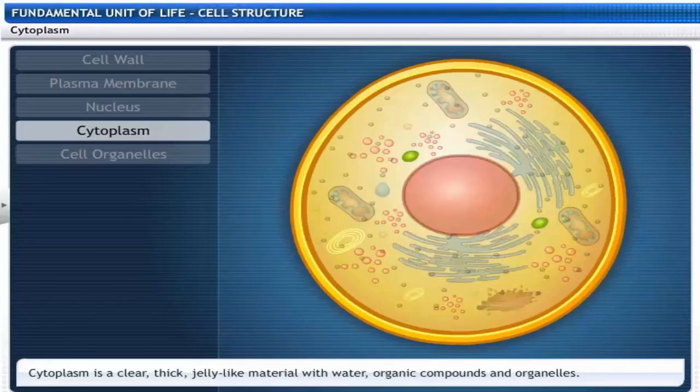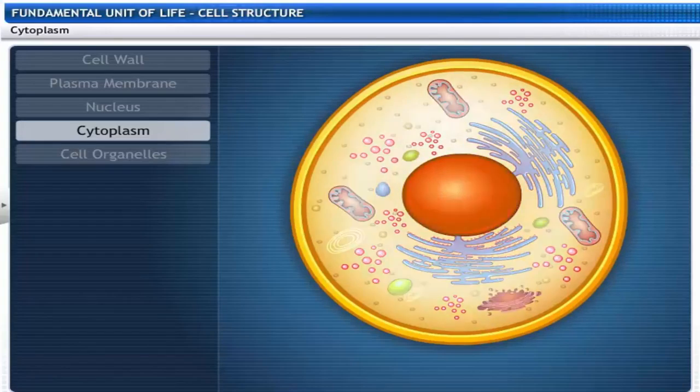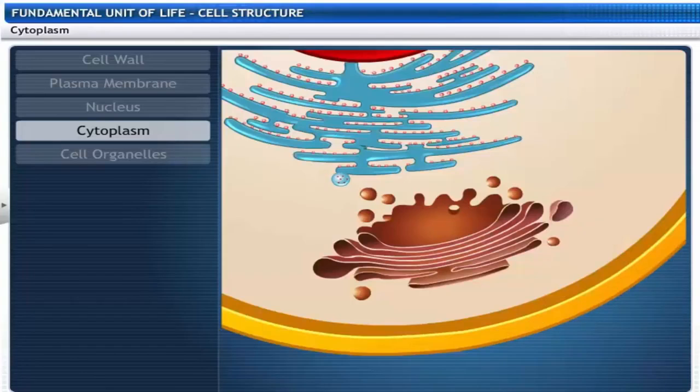The cytoplasm is a clear, thick, jelly-like material with water, organic compounds, and organelles. The liquid part of the cytoplasm, other than the organelles, is called cytosol. Cytoplasm supports and protects the cell organelles that perform different metabolic functions.